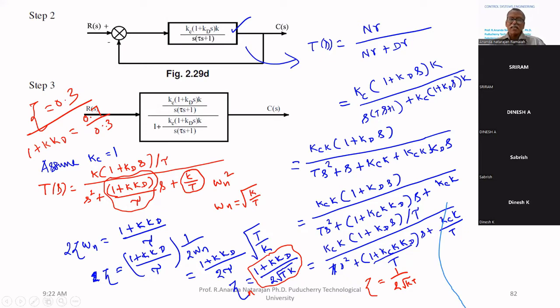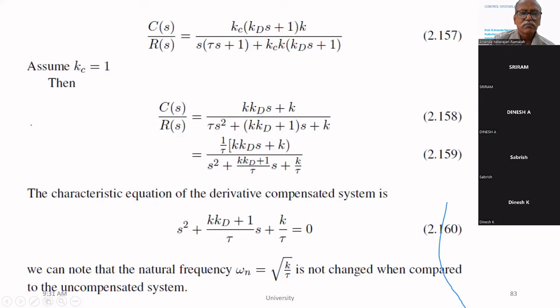If you select 1 plus K KD equal to 0.7 by 0.3, then automatically the system will be modified with zeta of 0.7. So its natural frequency is not modified, but its zeta value is modified. We can select zeta by using this derivative control.